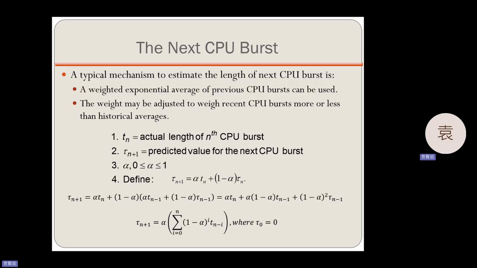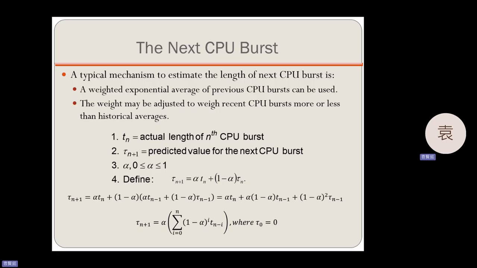A typical estimation uses weighted exponential averaging of previous CPU burst times, and this can be adjusted so that the recent CPU burst time has more weight than the others. For example, let T sub n be the actual length of the nth CPU burst time for a particular process, and tau sub n plus 1 be the predicted value for the next CPU burst time.